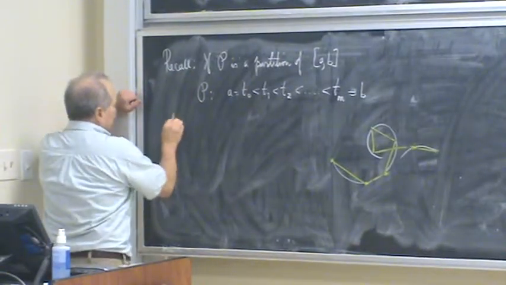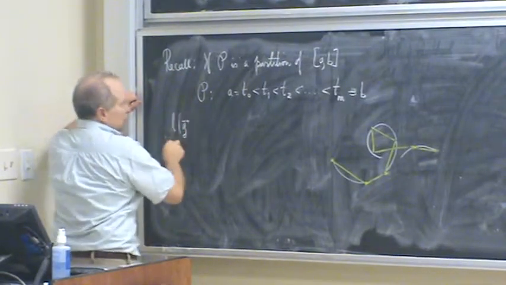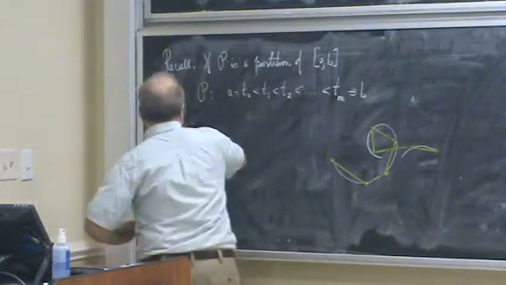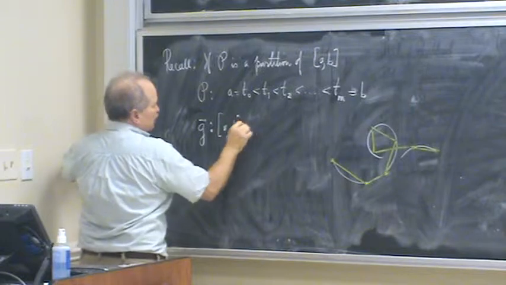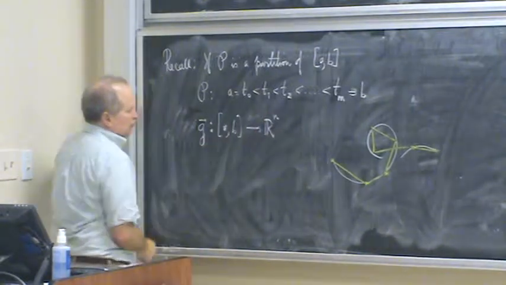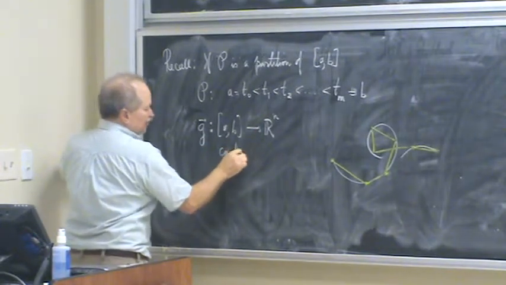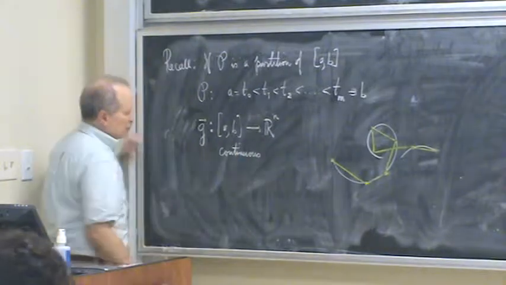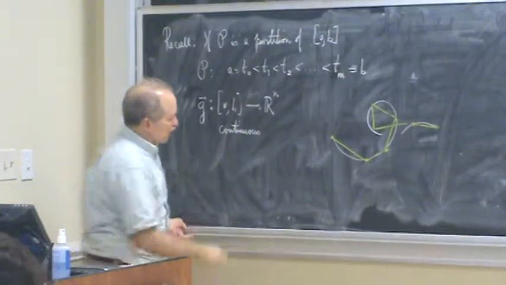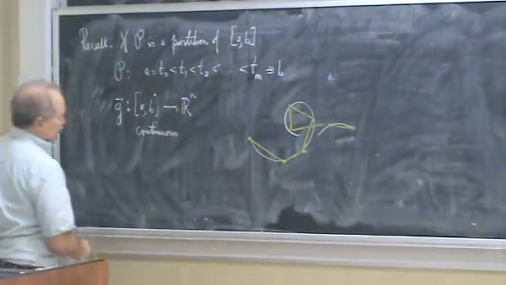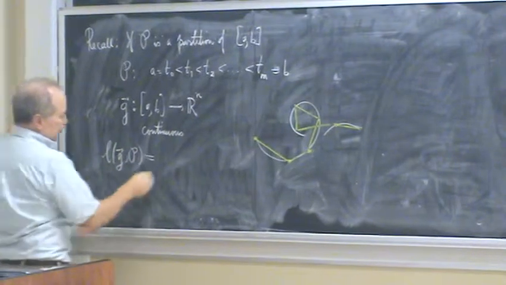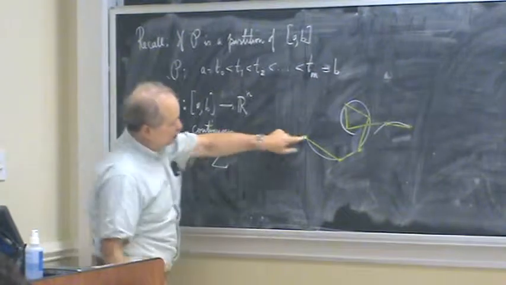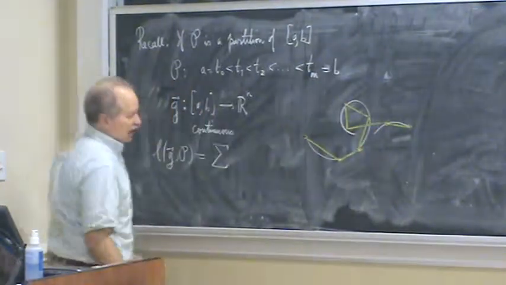So we say the length of g, if g is a curve, sorry, g here is a, say, continuous, but we'll assume more in a minute, function that parameterizes that curve. Then we'll say that the length for this partition is the sum of these polygonal lengths, these line segments.